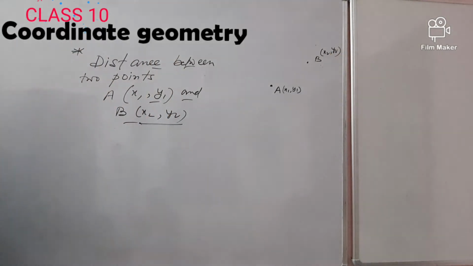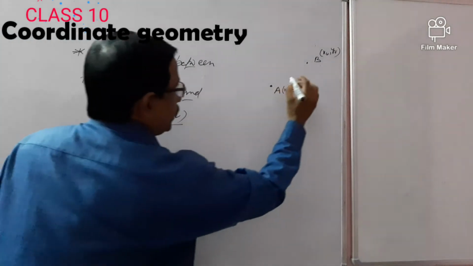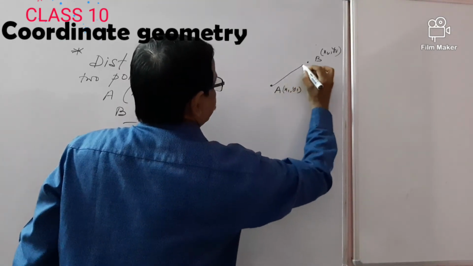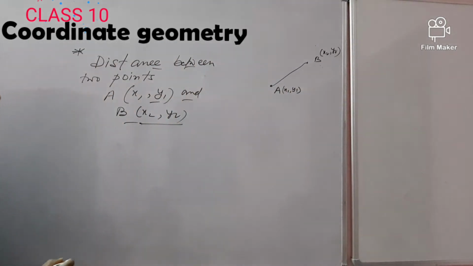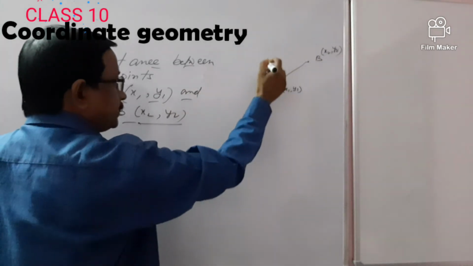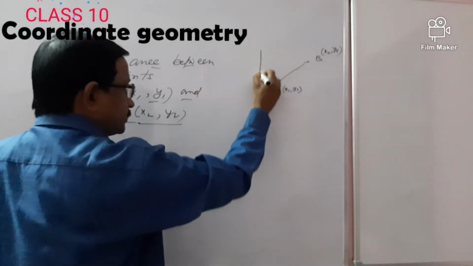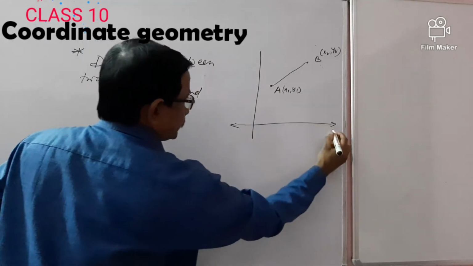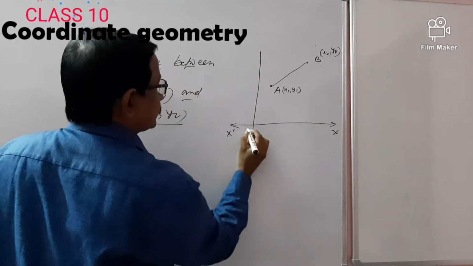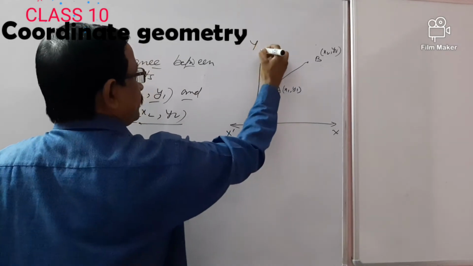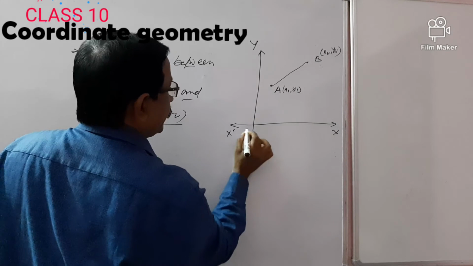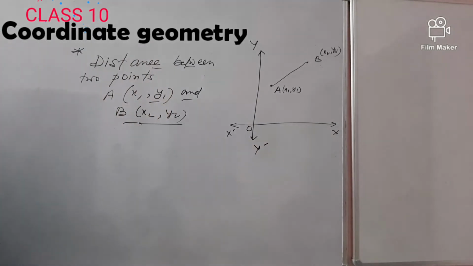We have to find the distance between these two points. As it is on a plane, just consider two axis lines. One is the x-axis, another one is vertical, the y-axis, and this one is the origin.